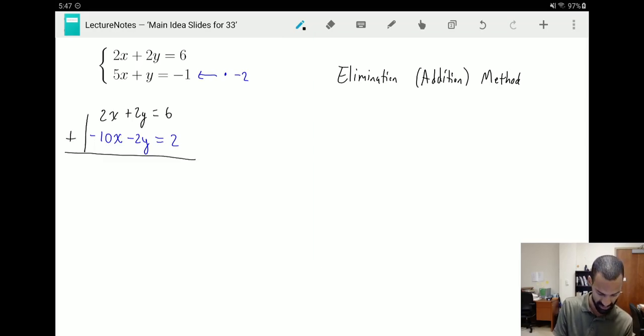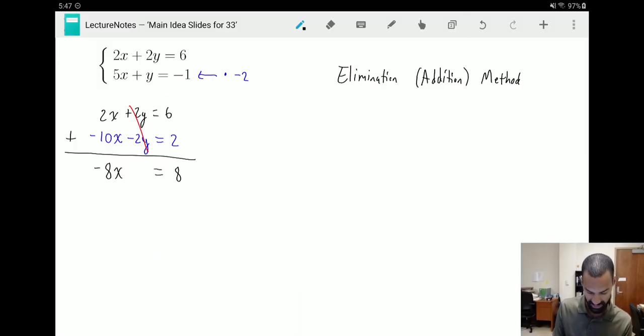Well, 2x minus 10x would be negative 8x. I said minus because you're adding a negative. And then 2y minus 2y, those cancel each other out. Bring down the equal sign. 6 plus 2 is 8.